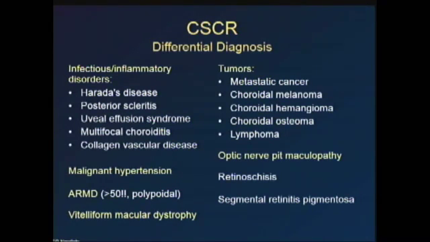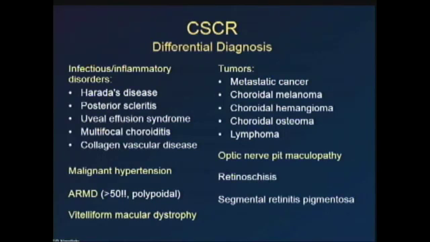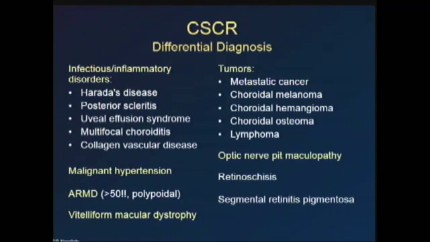Vitelliform macular dystrophy has to be differentiated from chronic CSR. Tumors, because a lot of tumors also cause neurosensory retinal detachment. Optic nerve pit maculopathy can also create fluid egress from the pit into the macula, retinal schisis, and all these have to be differentiated from CSR.